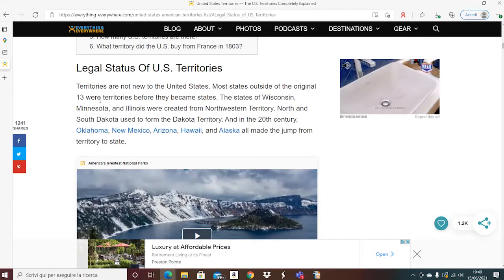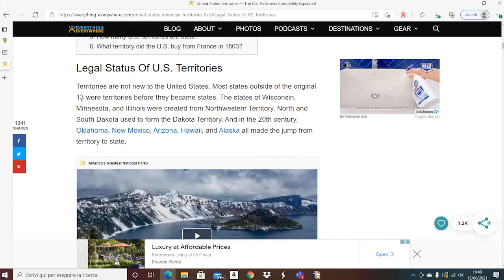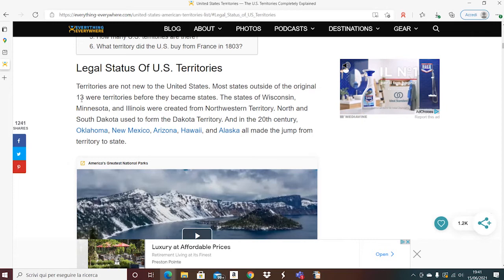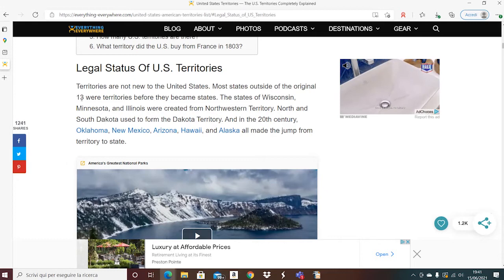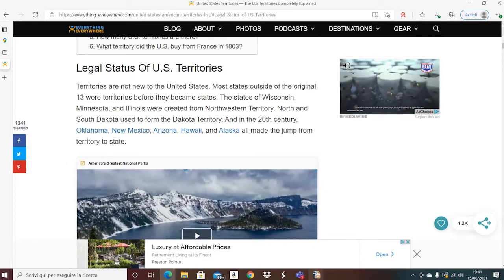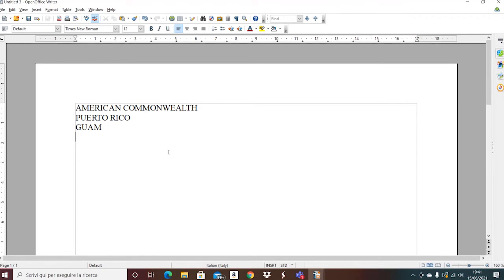So fun fact, you can tell the US was originally made of 13 states, because nowadays you can find 13 stripes in the American flag.